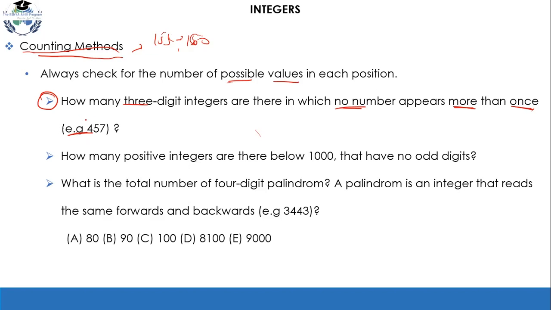Thirty more seconds. All right, 10 more seconds.